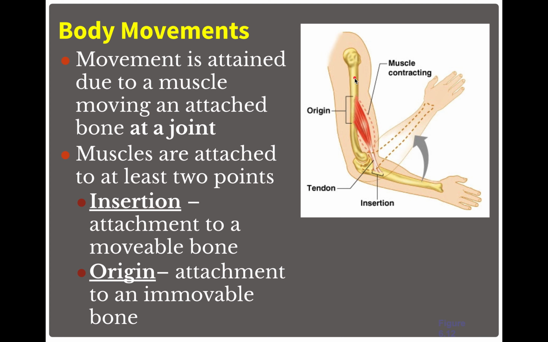And another thing to keep in mind with body movements is this is just one muscle acting on the arm. Oftentimes, along 2 bones, there are multiple muscles attached in different locations. So for example, this is the bicep muscle that helps bring the lower arm bone closer to the upper arm bone. Well, on the opposite end, there's a tricep that's connected from the back of the humerus and the back of the radius, that when it shortens, it shortens this way.